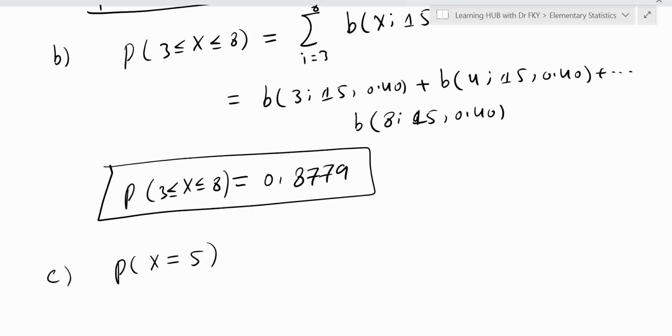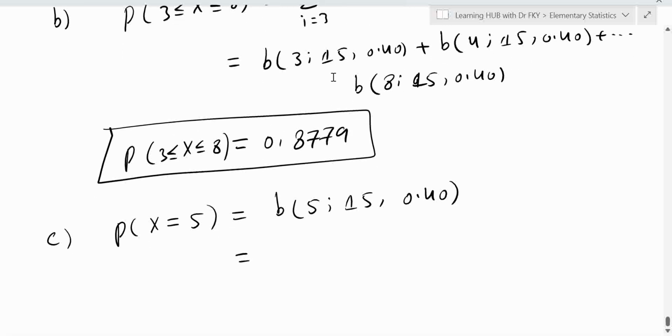X is equal to 5. This means that we don't need to sum because we have only a single value. So x, that is 5, n is 15, and p is 0.40. I can help you now in this. You can solve each of these terms like this, because this is a single term and those have many terms, I mean 3 to 8.